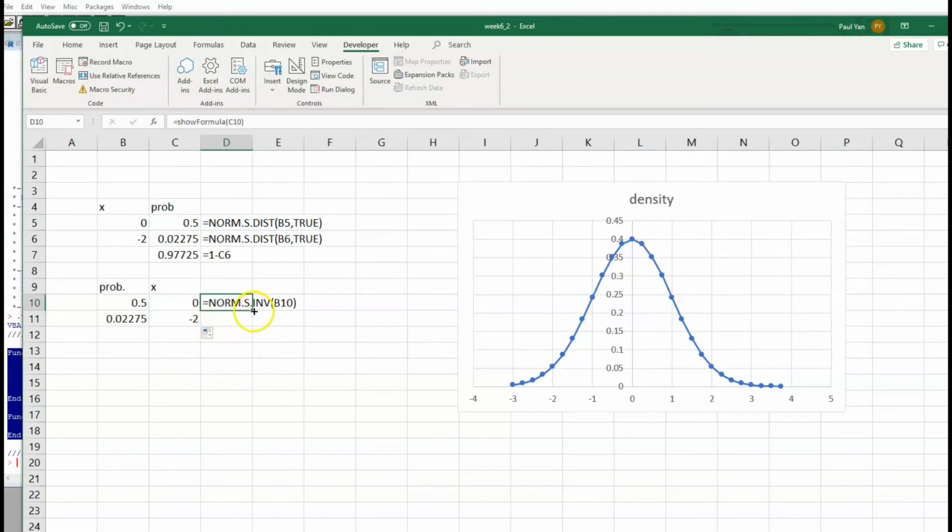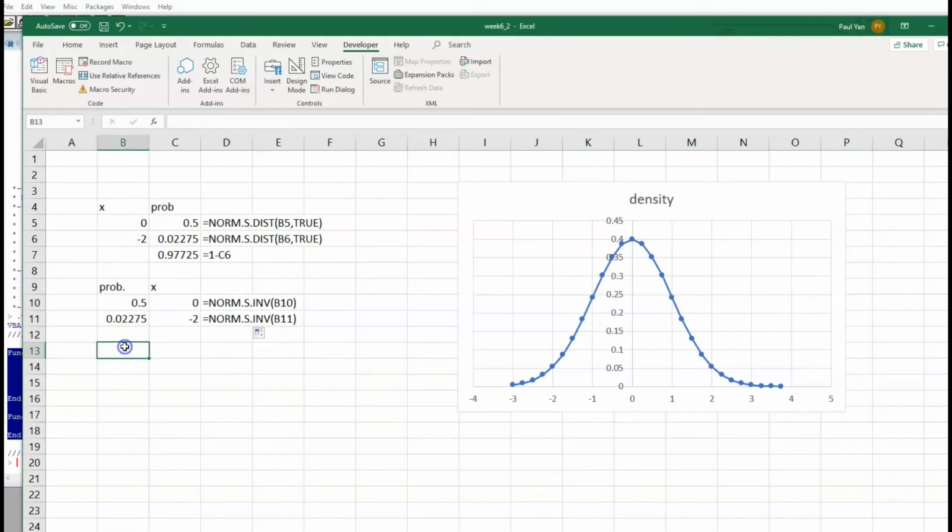We have two functions. One function is NORM.S.DIST: for a given x value, we find the probability. The other is the opposite: we are given the probability, and we find the corresponding x value.